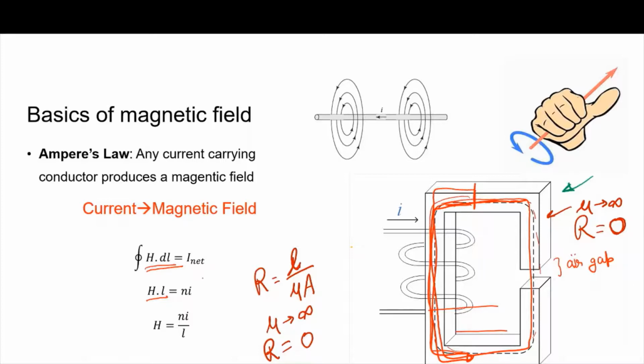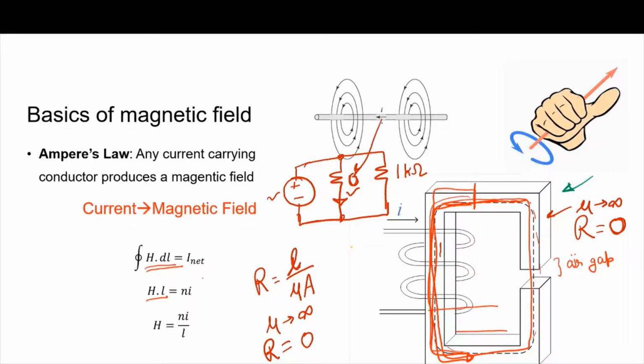Take the example of current: if there is a voltage and you connect a 0 ohm across a 1 kilo ohm, and then connect a battery, where will all the current go? It will go through 0 ohm because that's the least resistive path. So all the current will flow through 0 ohm and nothing will flow in 1 kilo ohm. Same analogy.